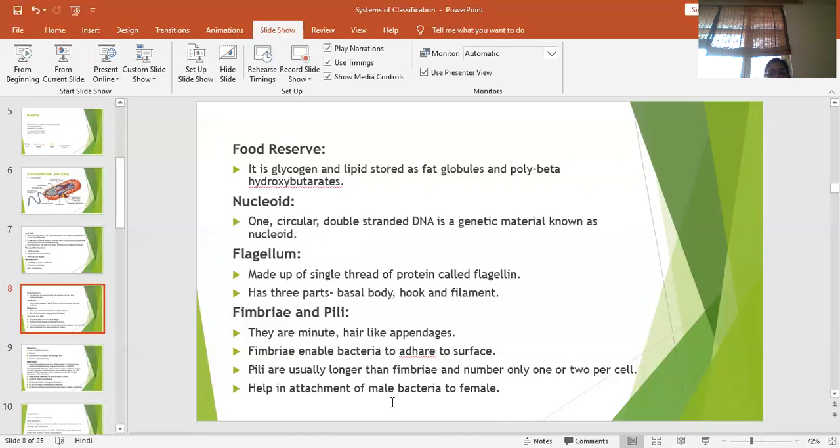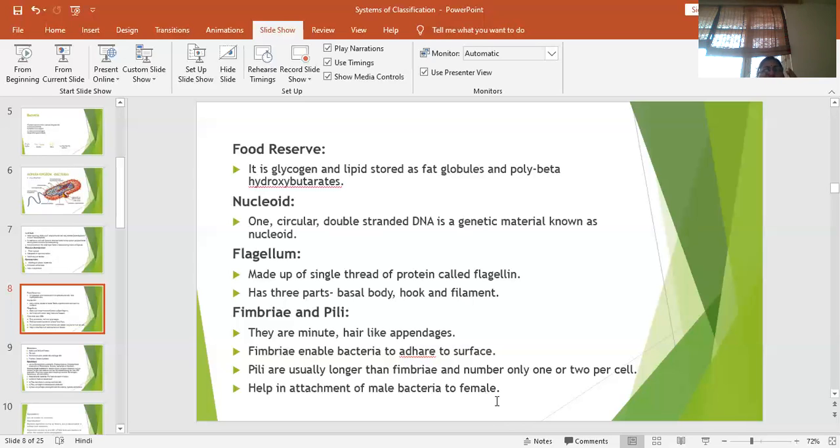Now, you must be thinking why I have written here male bacteria to female bacteria? Children, in the previous slide, I explained that sometimes there is a slight exchange of genetic material between two bacteria.